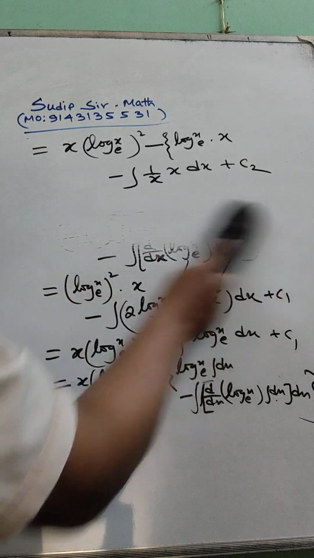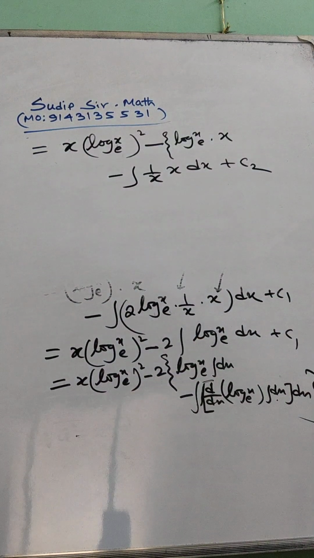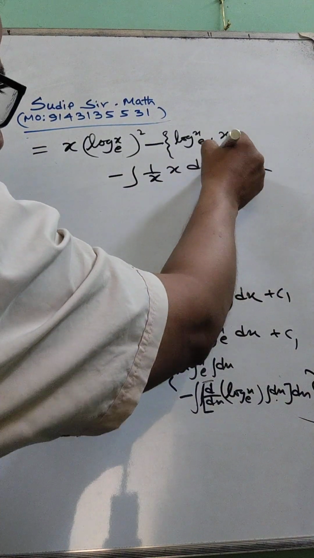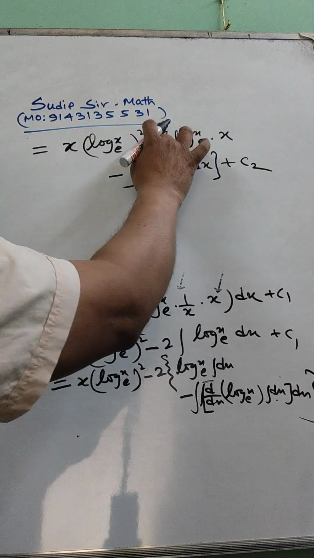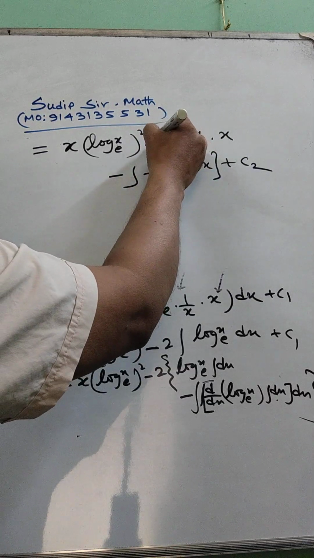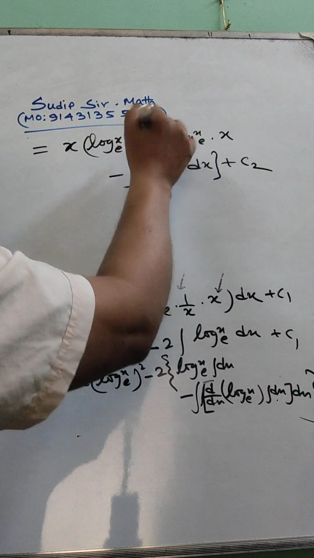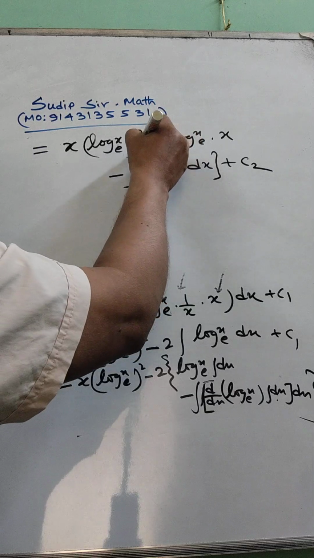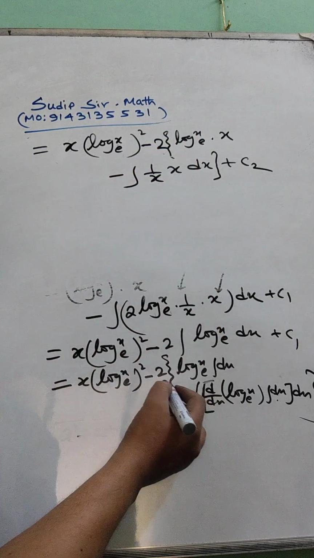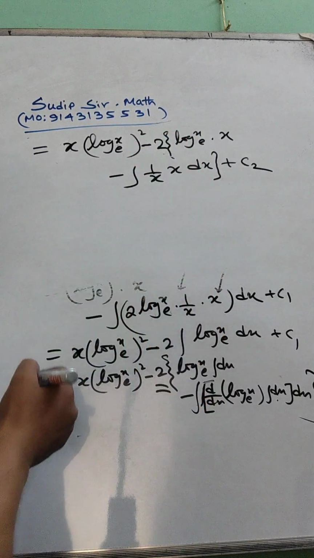Next, simplify it, and the 2 was there. Minus 2 was there.